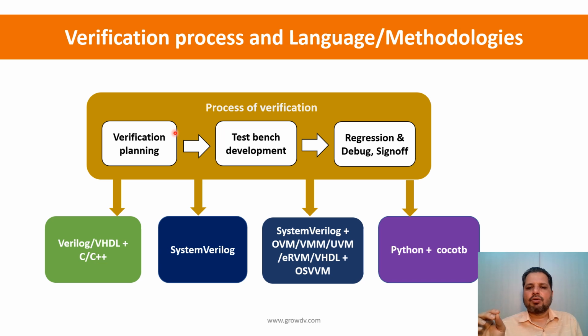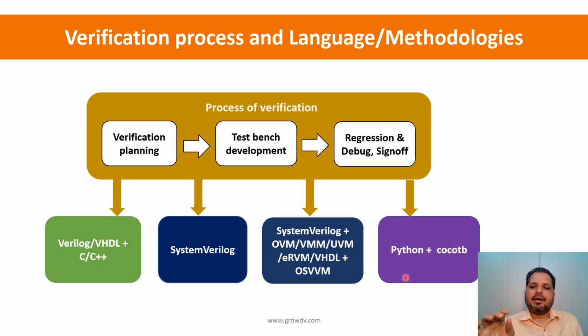So the key message here is two things. One is, when we looked at the process of verification, it consists of three phases: your planning phase, development phase, and regression debug coupled with the sign off, which in principle remains independent of the language and the methodology that you choose.